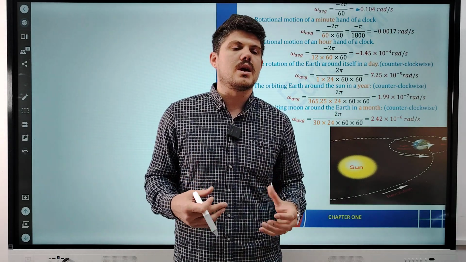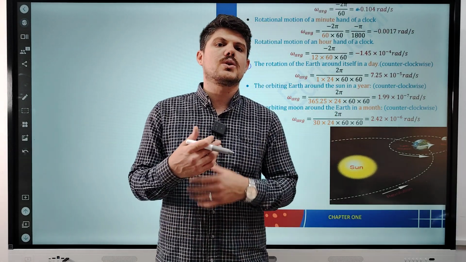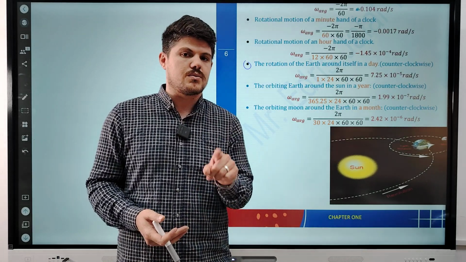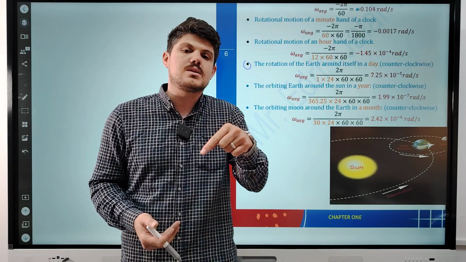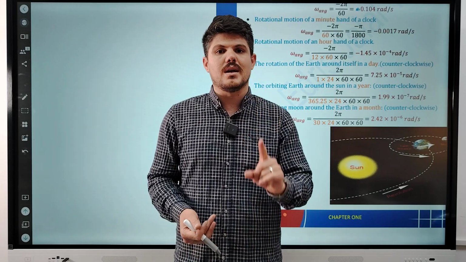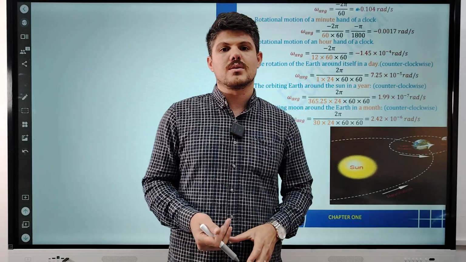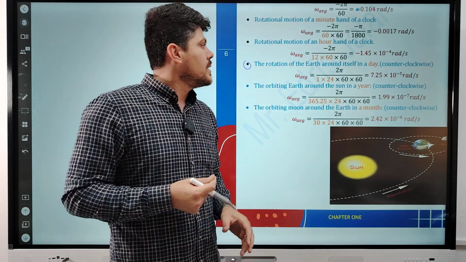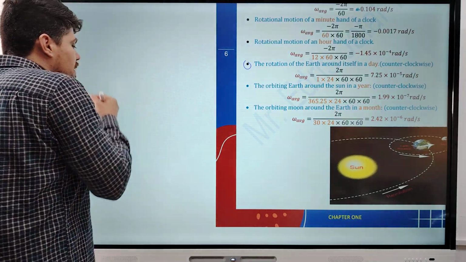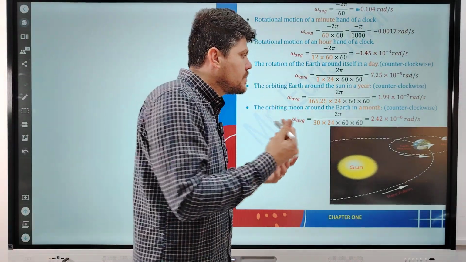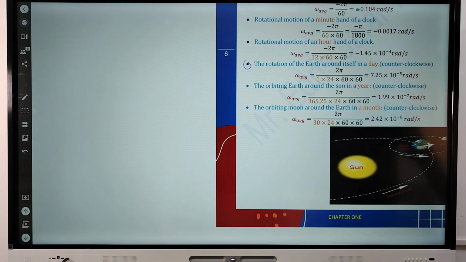How long does it take for one complete rotation of Earth around itself? Be careful, around what? Around itself. It takes 1 day, 24 hours. So how can you find the value of the angular speed when the Earth rotates around itself?